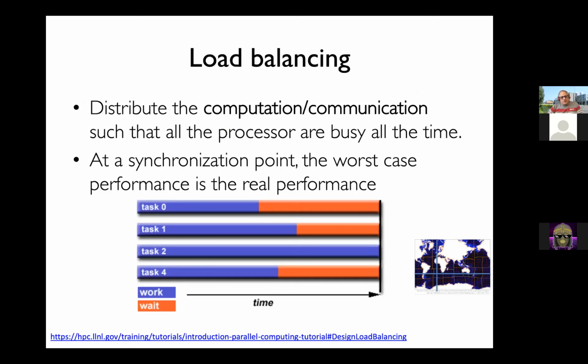The other problem that might impact your speedup is the load balancing between the different processors. You see in this example we have 4 tasks running, and task number 2 is taking much more time than the others, tasks 0, 1, 3 and 4.